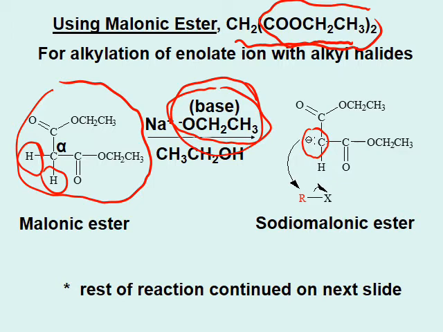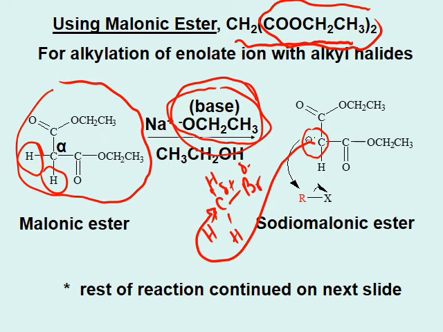If you think about a compound like CH3Br, obviously Br will be negative and carbon will be positive. So this carbon with the electron pair will attach to that carbon, Br would leave, and that's how you get the final product. Let me show you the rest of the reaction in the next slide.